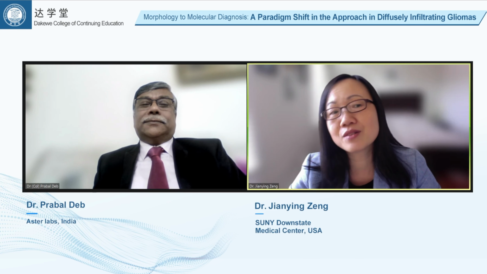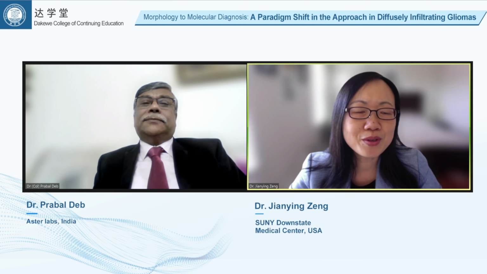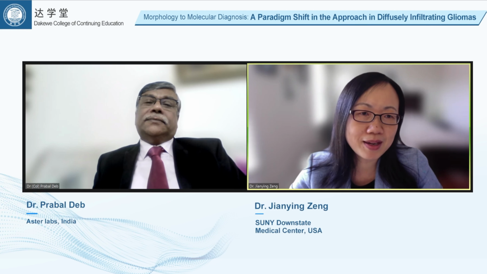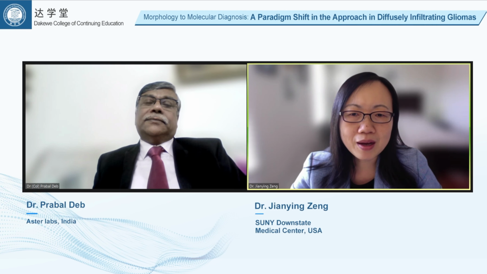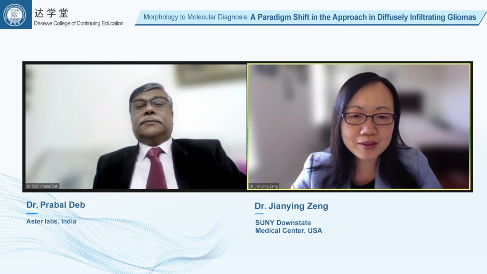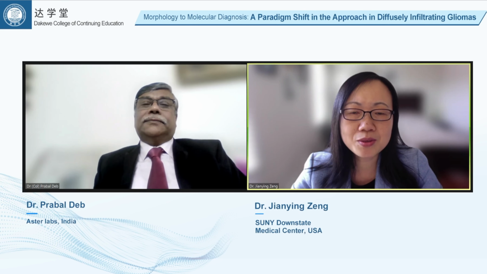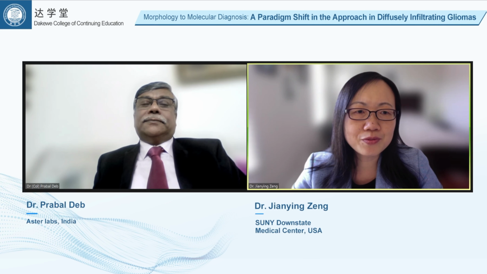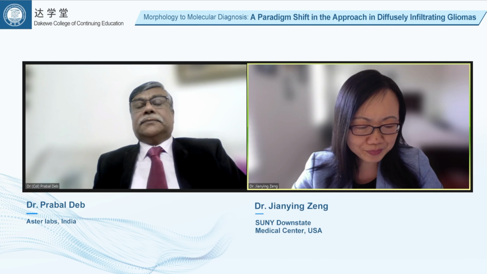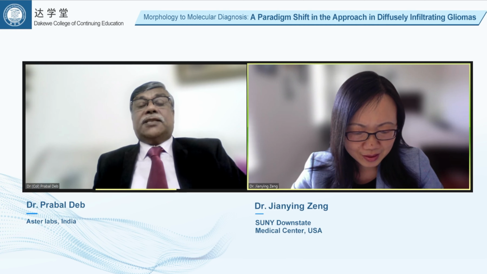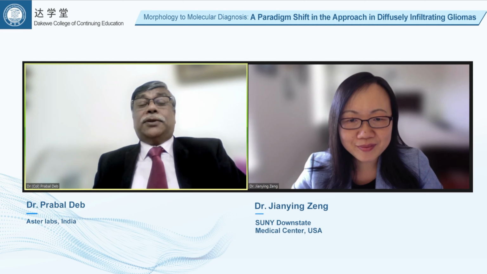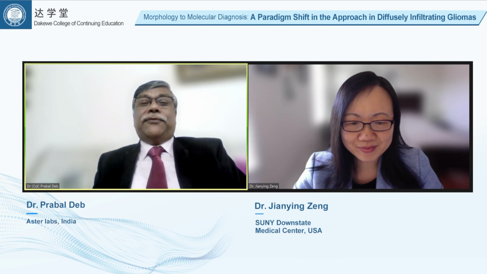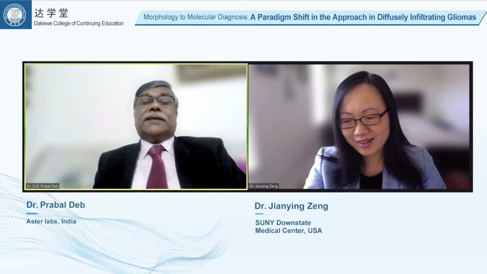But there are a lot of changes, and that's the value of today's talk, that Dr. Deb gives a lot of molecular overview that has been dramatically integrated into the new WHO classification. There is a lot even for neuropathologists to learn. It's difficult for neuropathologists also to keep abreast with all the developments happening. It's too much information, too fast for us.